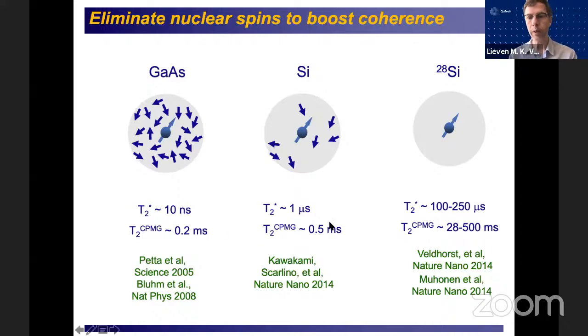And parallel work from Andrew Dzurak at UNSW, led by then postdoc Menno Veldhorst, who is now also a group leader at QuTech, saw another factor of 100 improvement after isotopically enriching the substrate and only having mostly silicon-28 atoms there. So a factor of 10,000 improvement in coherence, moving from gallium arsenide to enriched silicon-28.